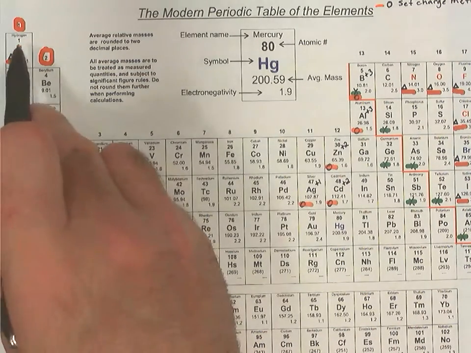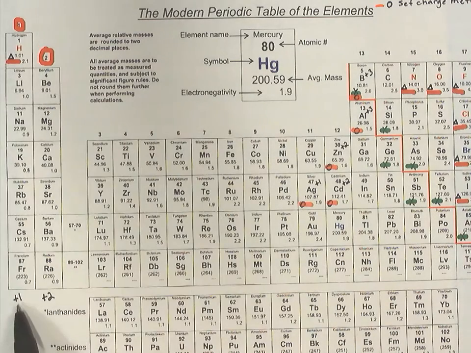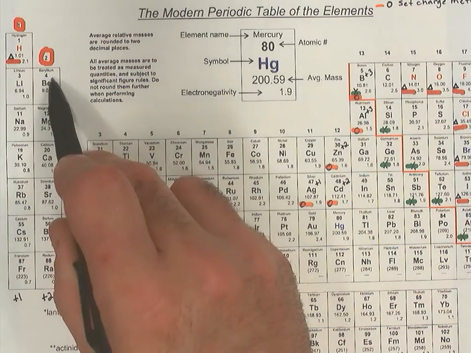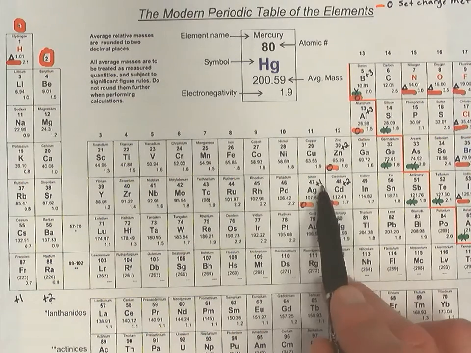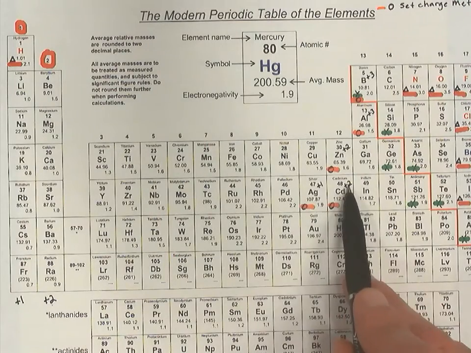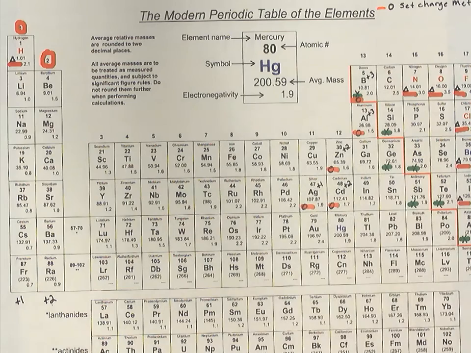So everything in this first group of elements, this vertical column, is going to have a +1 charge all the time when it ionizes. Everything in group 2 will always have a +2 charge. Silver will always be a +1 when it ionizes. Cadmium and zinc will always be +2s, and aluminum and boron will always be +3s.